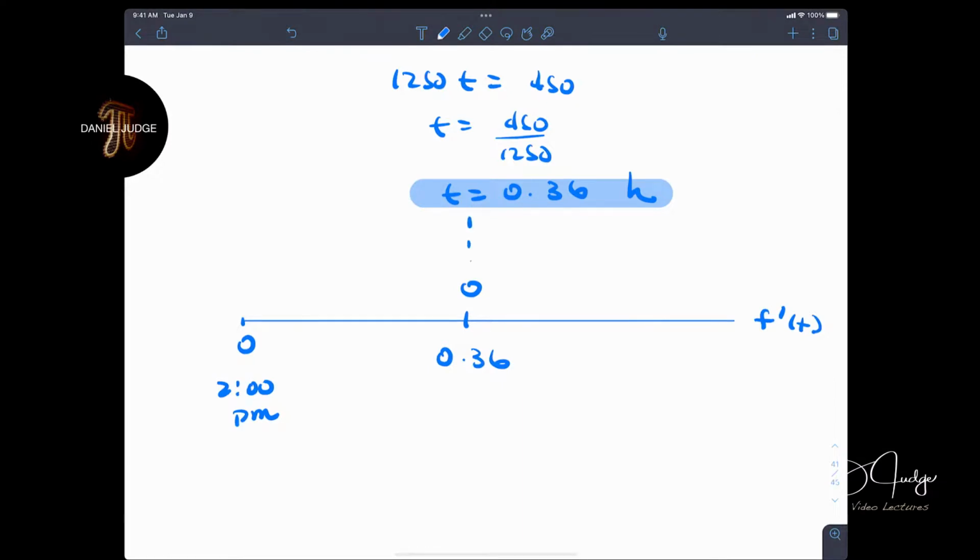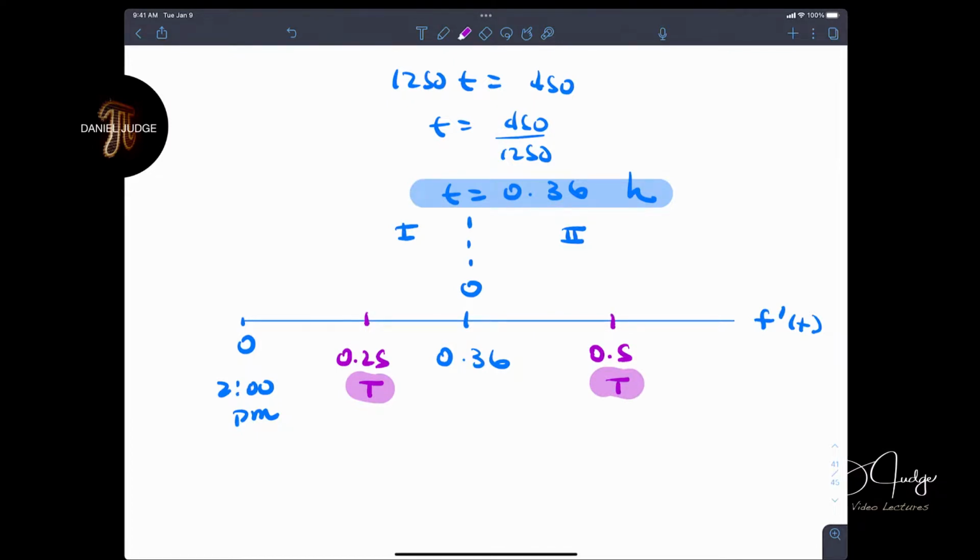So we have two regions. So I guess if I said 0.25 here for a test point, and maybe 0.5 for a test point, that would be some good test point candidates for that first derivative.